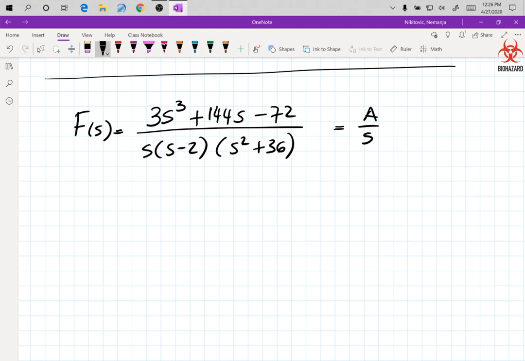So we go with A over s plus B over s minus 2 plus Cs plus D over s squared plus 36, because that cannot be factored any further.